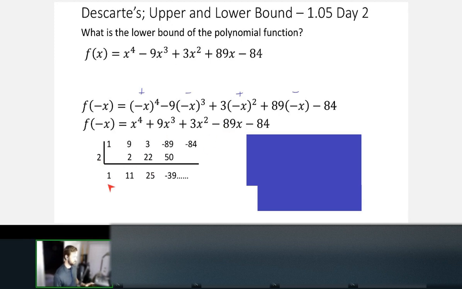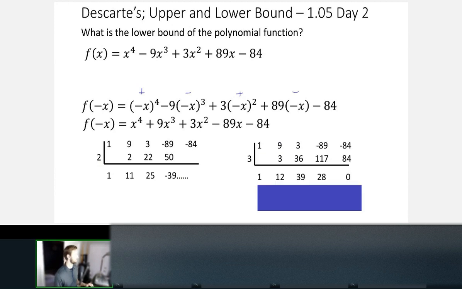Our goal is to get all of these numbers to be either all non-negative or all non-positive. Right now, that's non-negative, non-negative, non-negative, and then a non-positive. So this negative 39 kind of ruins it. So 2 doesn't work. So we go to the next number, 3.